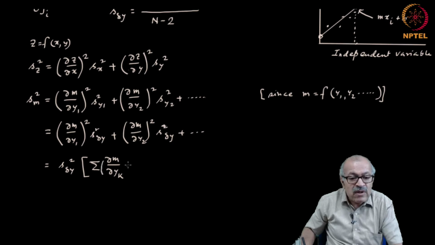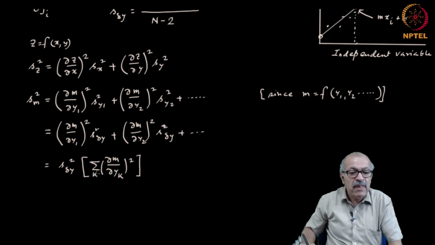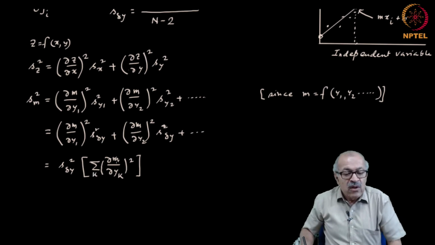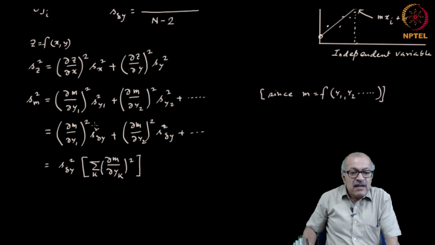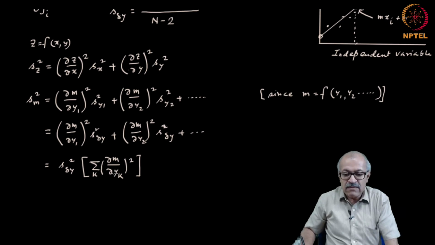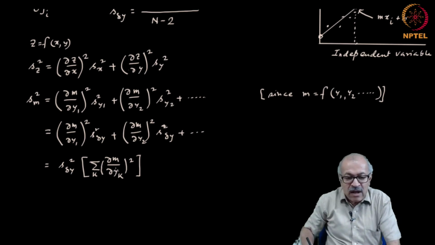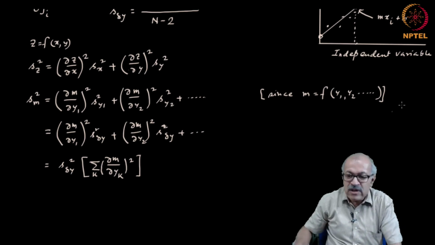So, I will have to put a square here, and sum over k. All I have done is take the common factor out, and what remains are these terms, which I have expressed as a sum. Now we need to find out these values.